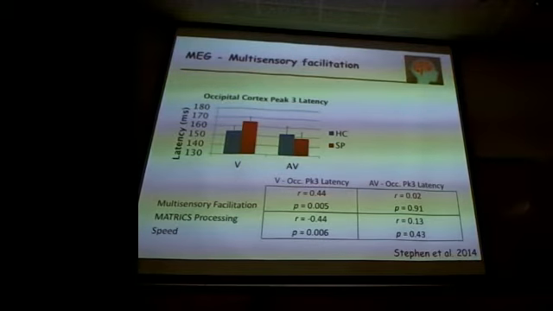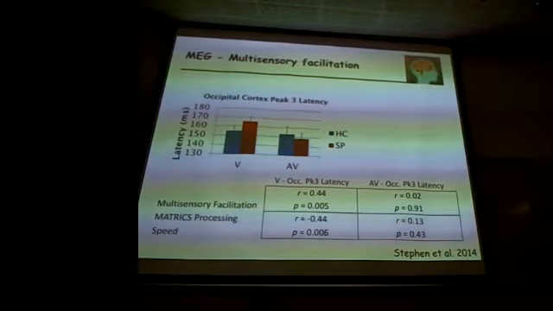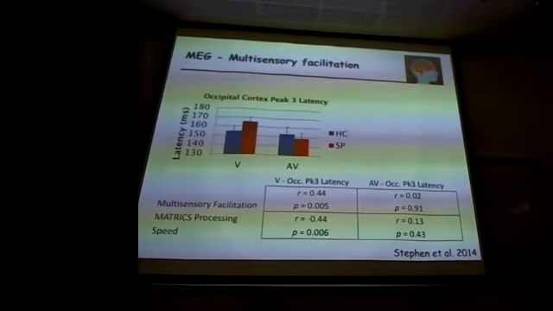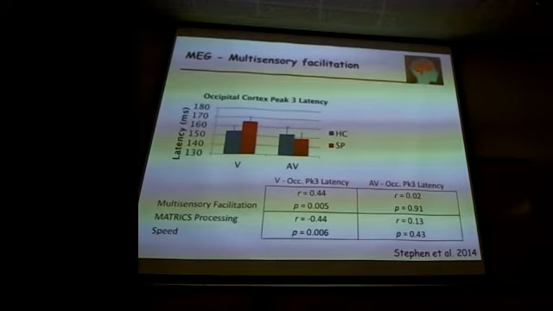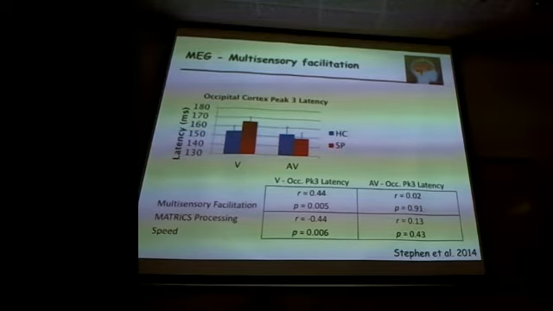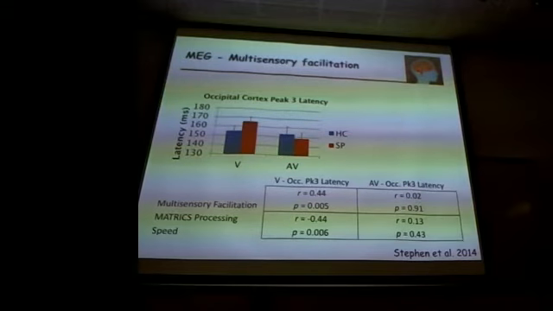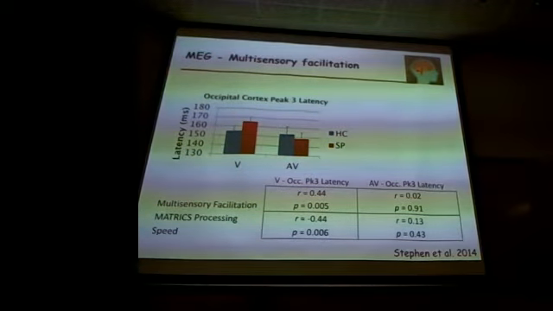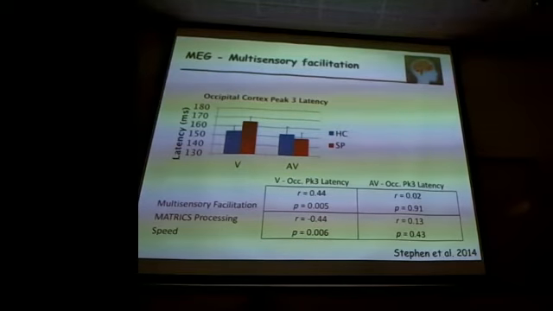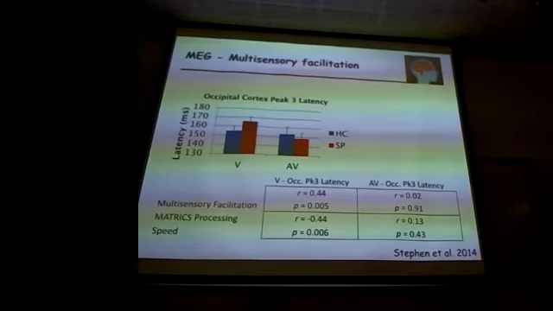And what we found is with the visual alone, they still have this delay. This is what I had shown previously. But with the multisensory stimuli, all of a sudden this fairly early peak in visual cortex, the latency is statistically equivalent to the controls. This is also consistent with multisensory facilitation.